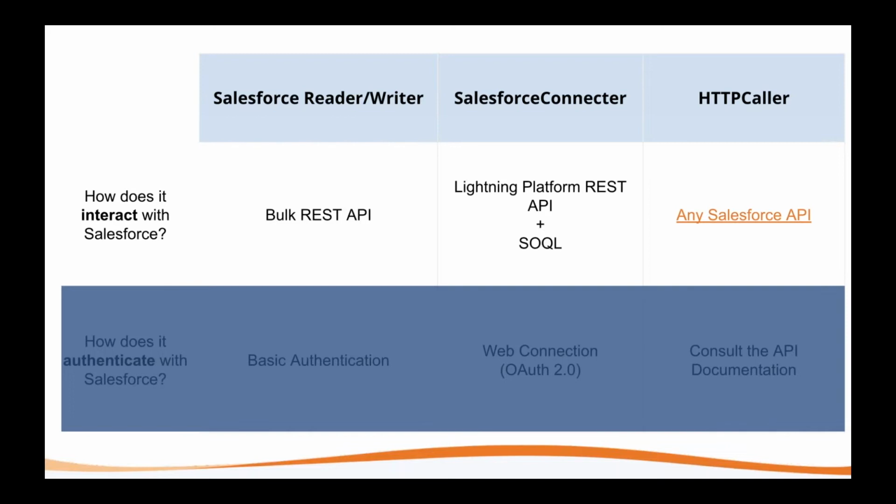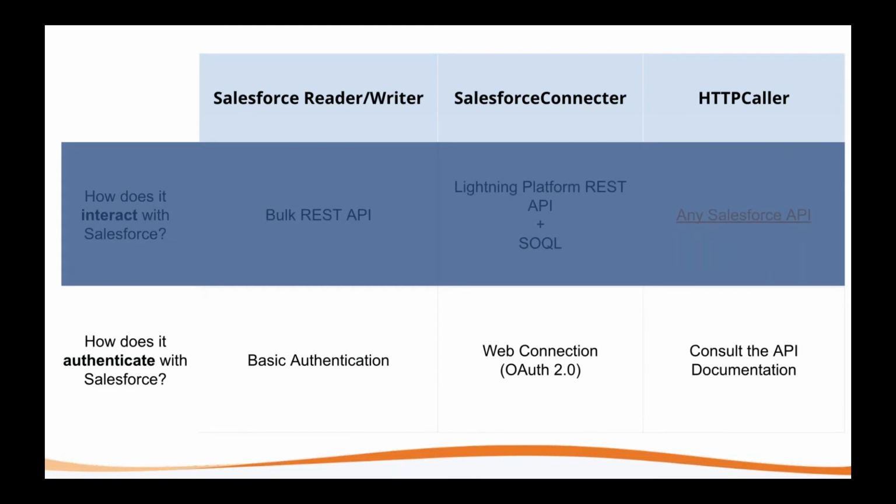And of course, we have to authenticate with Salesforce in order to access our data. The reader-writer just uses basic authentication. Otherwise, we can use a secure web connection with the Salesforce connector to authenticate with OAuth 2. How you authenticate with the HTTP caller is going to depend on the API you choose. So this might be basic or OAuth. You'll have to refer to the documentation to determine which one that might be.